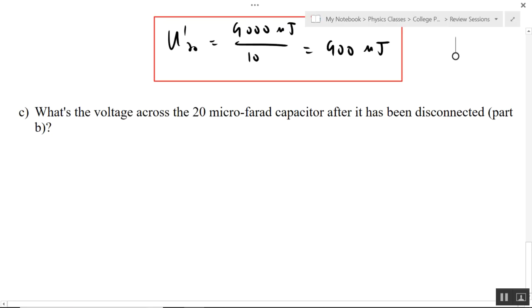So, what is constant? Once again, if you disconnect the capacitor and move the plates around, the charge is constant. So if you look at the equation, Q is equal to C times V, right? So what do we do to the C from the original capacitance to now? We made it 10 times bigger, right?